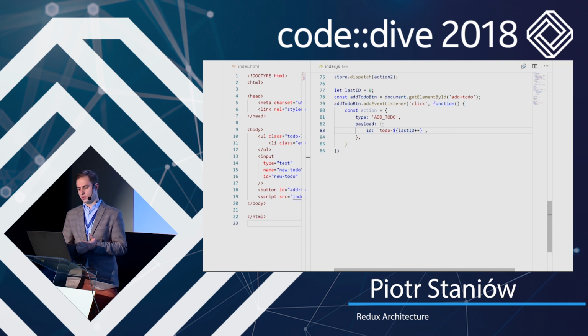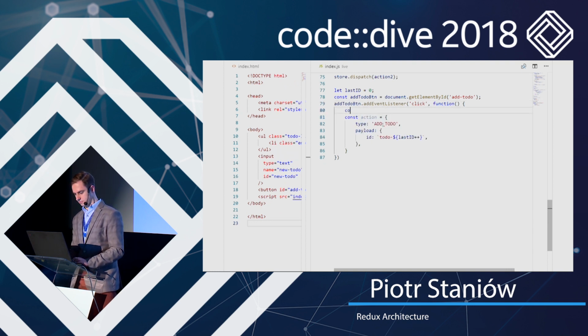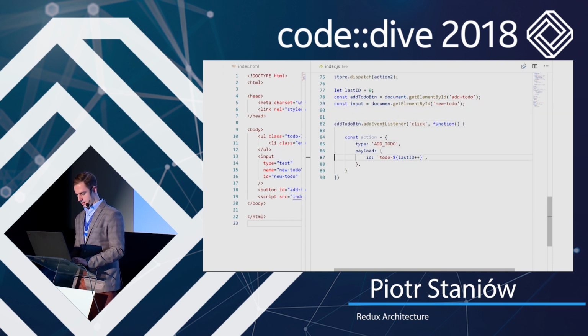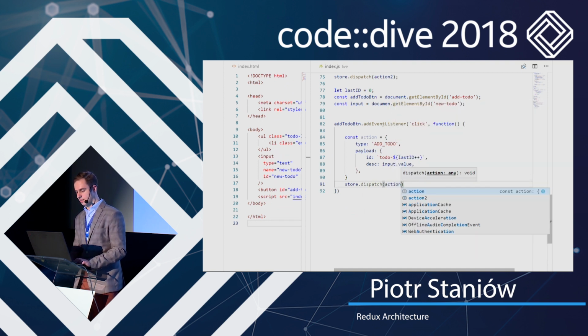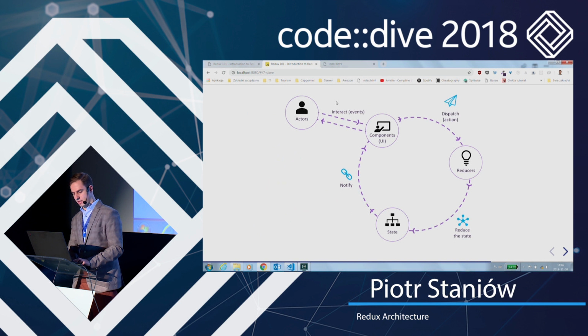And now we also need to get the information from the input. So the input is here. It is a new ToDo ID, and we can simply grab its value. And finally, we need to dispatch this action to update the store.